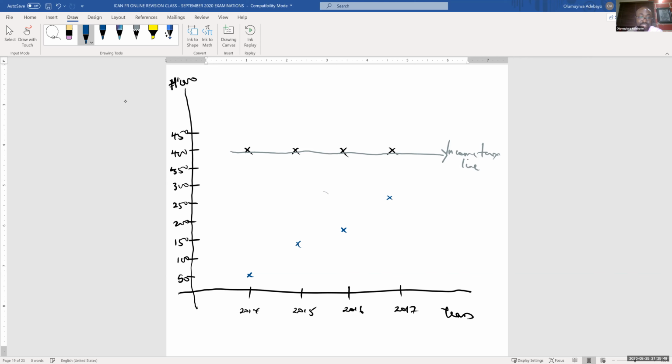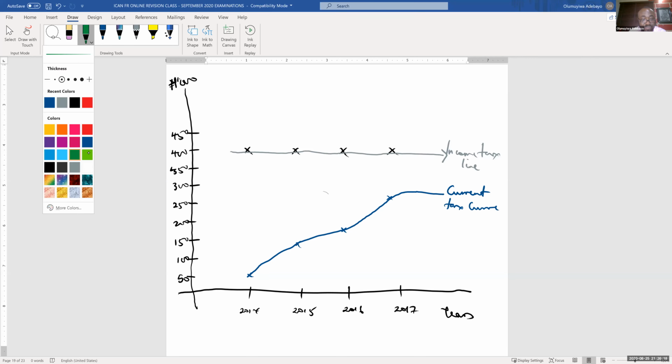You can see that my tax is upward sloping. That is my current tax curve. Now, what is my income tax curve? My income tax says each of the years is the same at how much? 160. Therefore, 160 lies here.